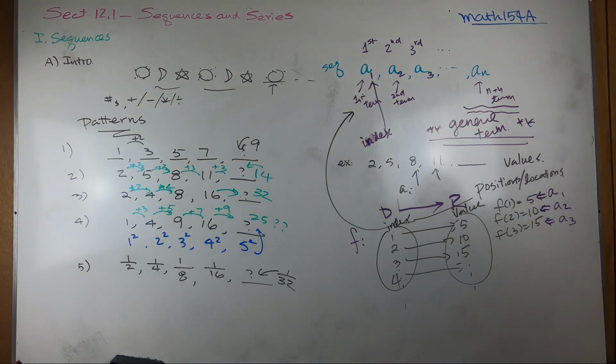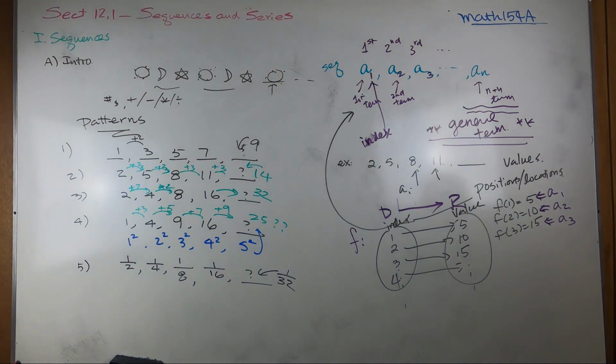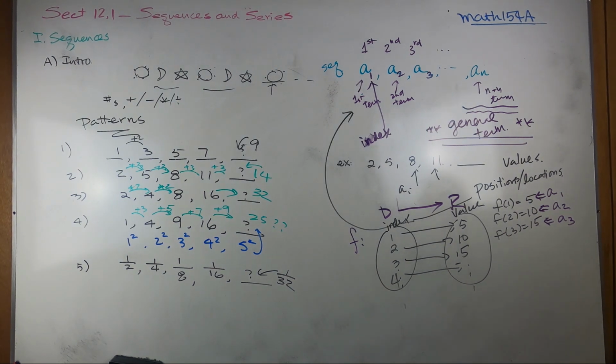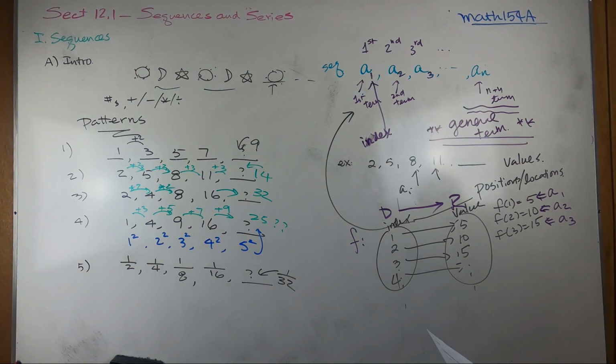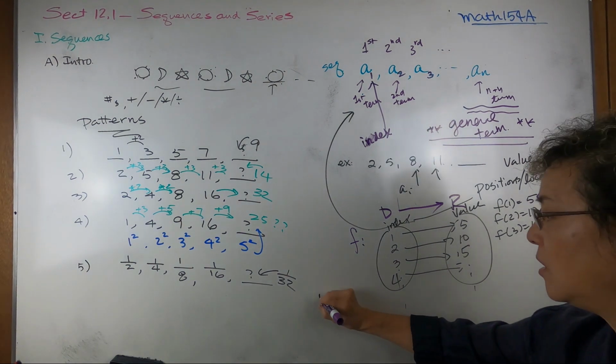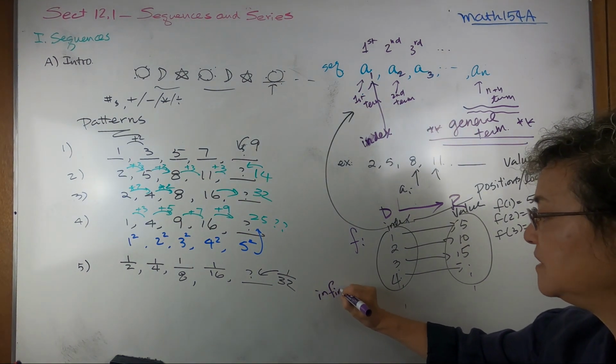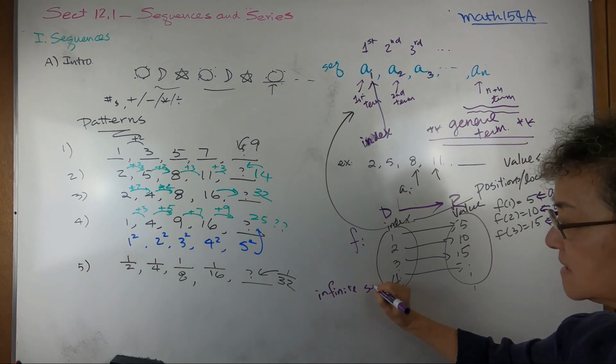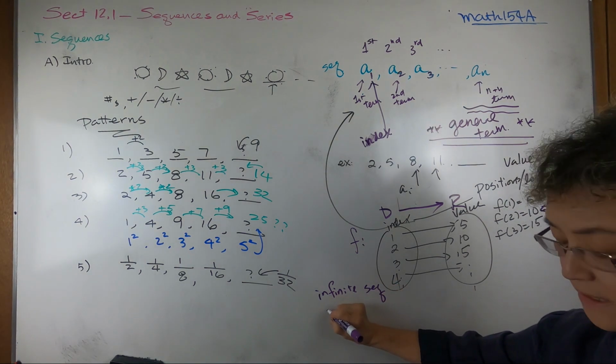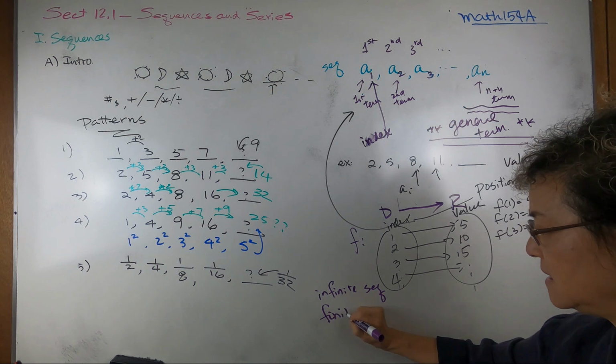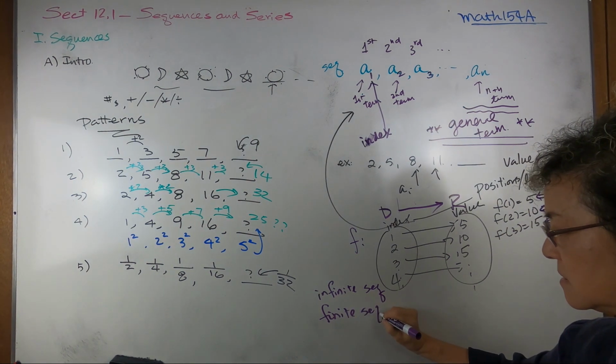All right. So we might have two types of sequences. One is called an infinite sequence, another one is a finite sequence.